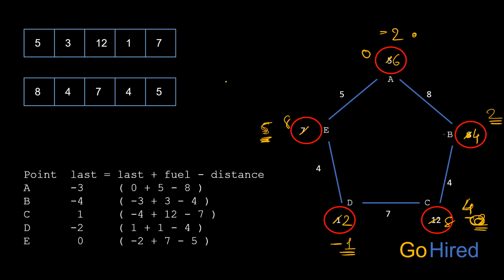So let's think, if I have the maximum petrol remaining, can I start from that? Because it's also greedy. Probably yes. 5 minus 5, 0. 0 plus 6, 6. 6 minus 8, I cannot go. So 5 minus 4, 1. 1 plus 2, 3. 3 minus 7. In this case also, I cannot reach over here.